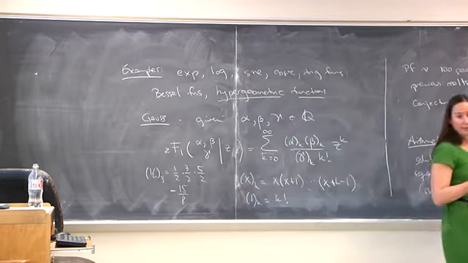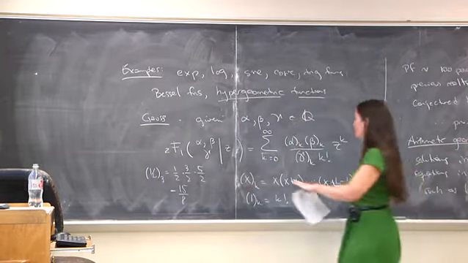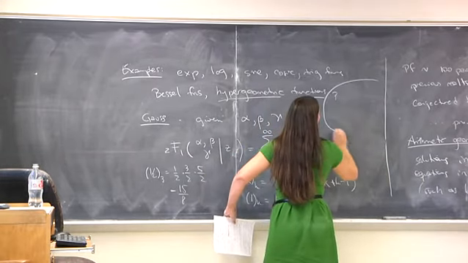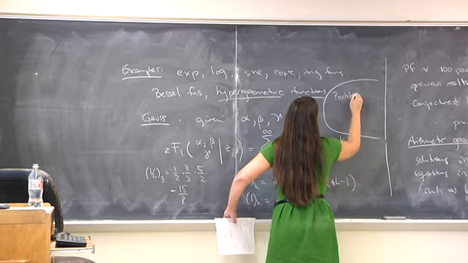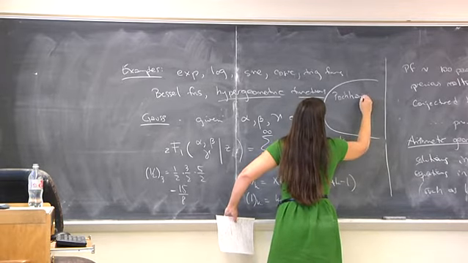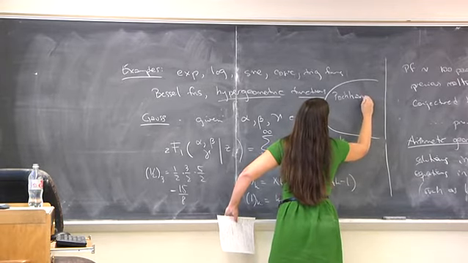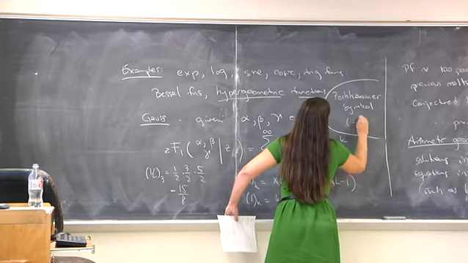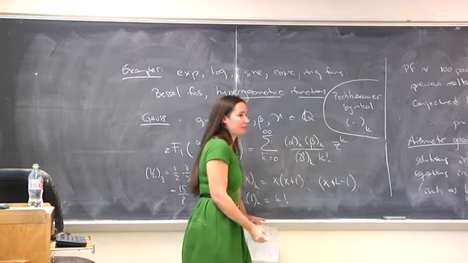Yes? What is that function called again? The Pochhammer symbol. This is why I didn't say it, because I don't even know how to spell it. I think it's Poch, and then you have 2 H's. So this is the Pochhammer symbol.